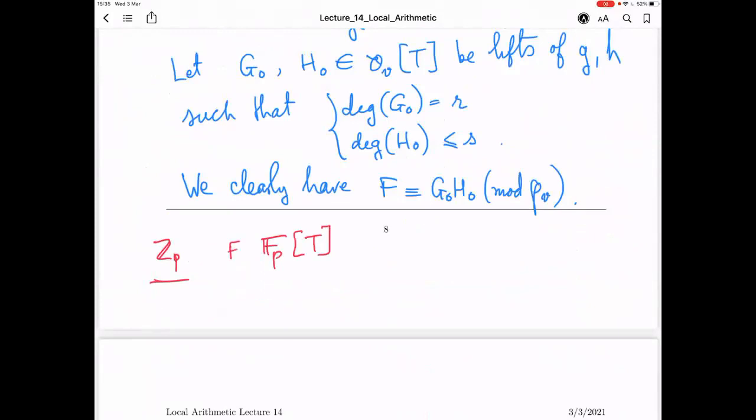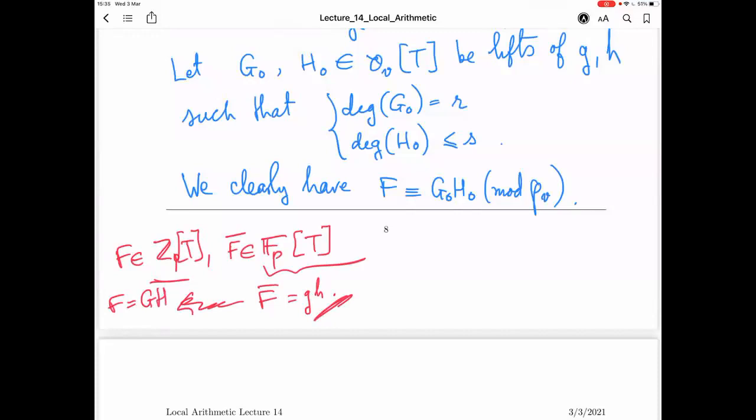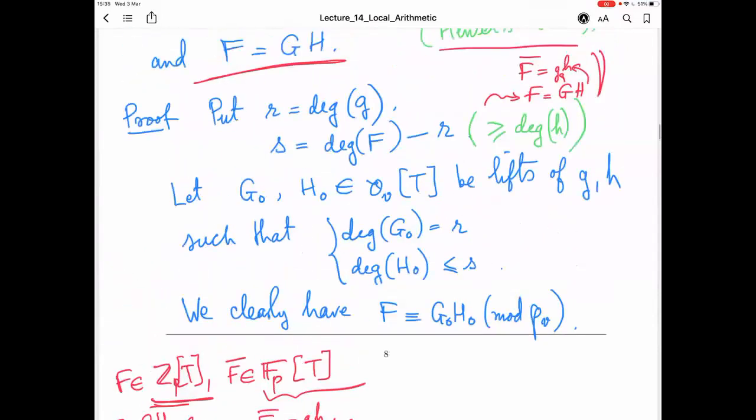So if I'm given some F with coefficients in ZP, then F bar will have coefficients in FP[T], and I can try to factor it in this ring FP[T]. And such a factorization somehow gives rise to a factorization GH in this ring ZP[T]. So that's very interesting and very useful.